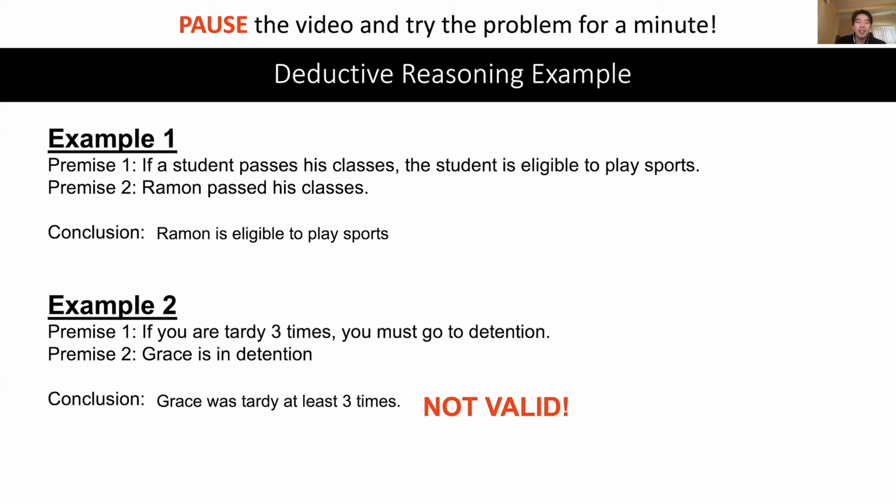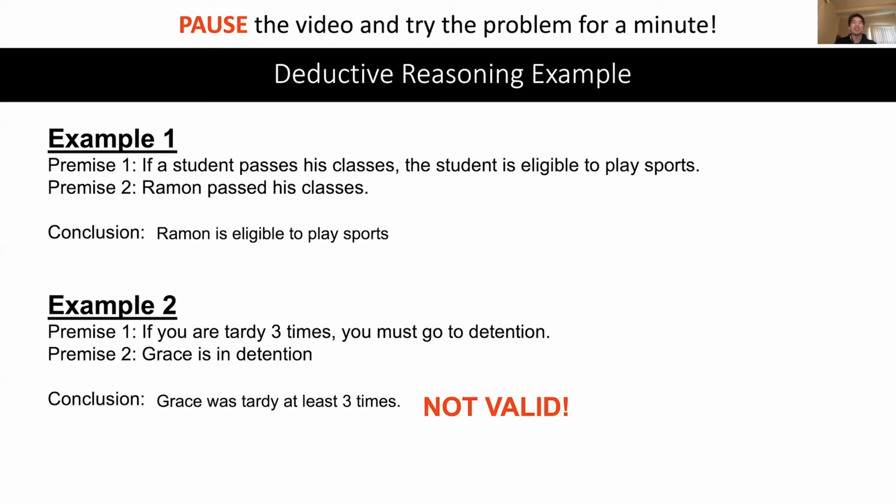And let's think about why. If you have 3 tardies, then you must go to detention. And the fact that Grace is in detention, does that really mean that she has at least 3 tardies? Not necessarily, right? Because she might have done other wrong things. That's why she might be in detention. So from this information, we cannot conclude that Grace was tardy at least 3 times.